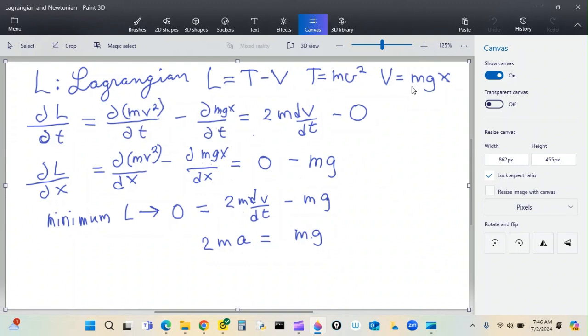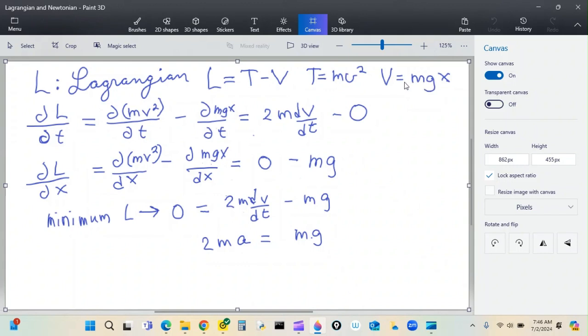And potential energy is represented by mgx, not h, x, which shows the distance away from the center of the earth. So as you go farther away from the center of the earth, the potential energy gets greater. You drop the object and it goes and hits the surface of the earth, and then you have maximum kinetic energy before it gets slammed into the earth.